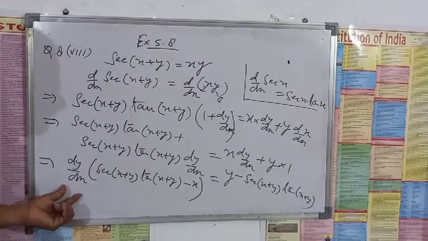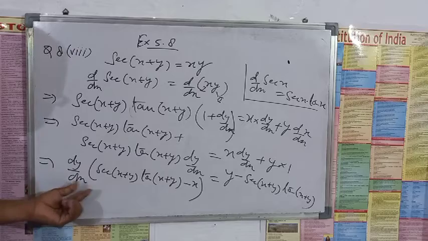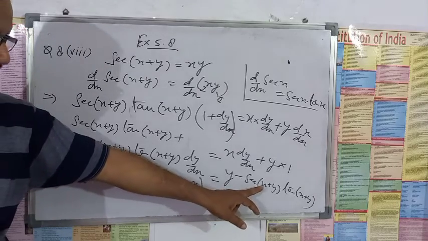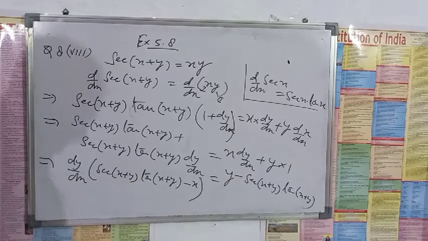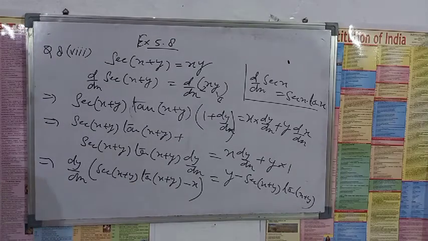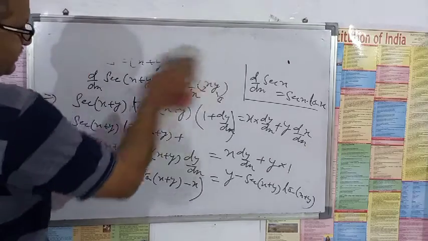Now we can find dy by dx. So dy by dx is equal to, we have to divide the right part by the coefficient of dy by dx.